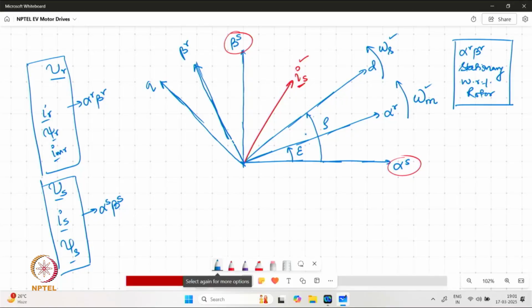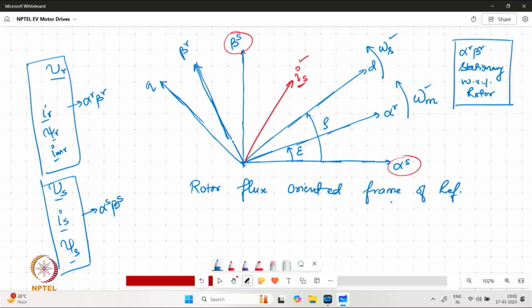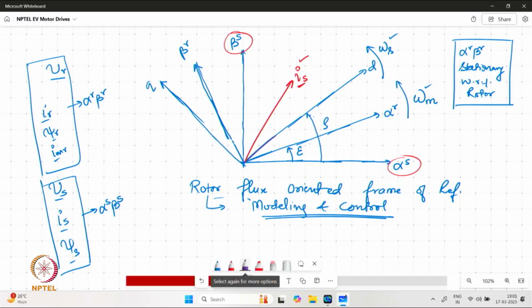Another thing to be noted is that when we are referring to the rotor flux oriented frame of reference for our modeling and control, we are essentially targeting that our flux psi r, which is the rotor flux, is oriented along the d axis, which is shown as the synchronously revolving frame of reference.